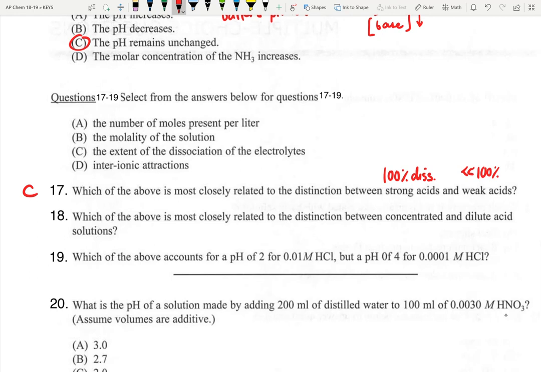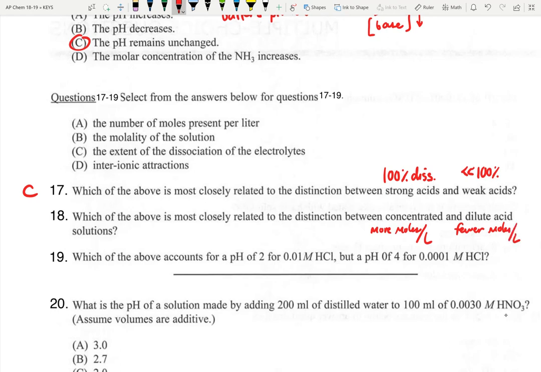18, which of the above is most closely related to the distinction between concentrated and dilute acid solutions? And this is true whether we're talking about an acid, a base, a salt. Concentrated means you have many moles per liter or more moles per liter compared to a dilute solution where we have fewer moles per liter. And the way that happens, of course, is we water it down.